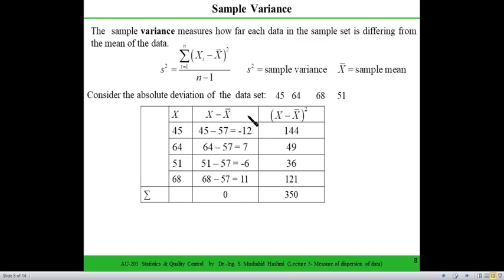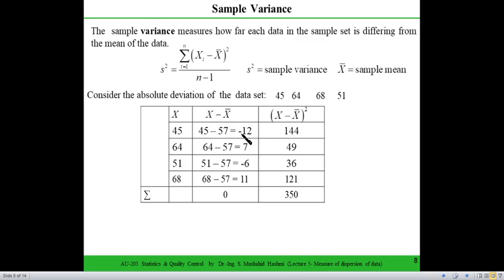In this column, I have calculated the difference between each observation and its mean value. So you get these numbers, whose sum we have already seen is 0. But instead of taking the absolute value, this time for variance I take the square of that difference.